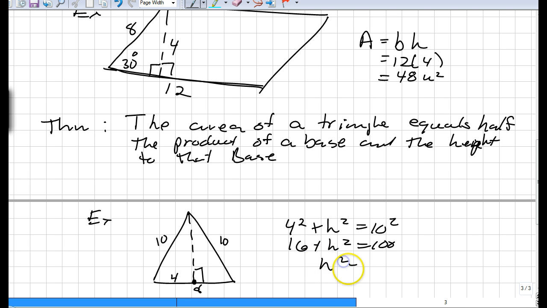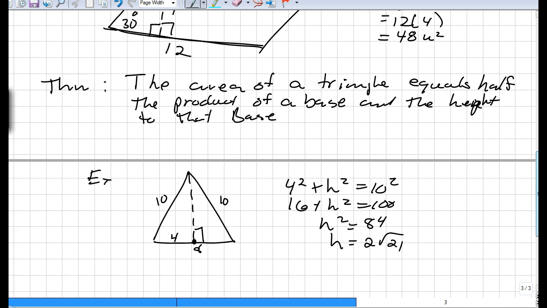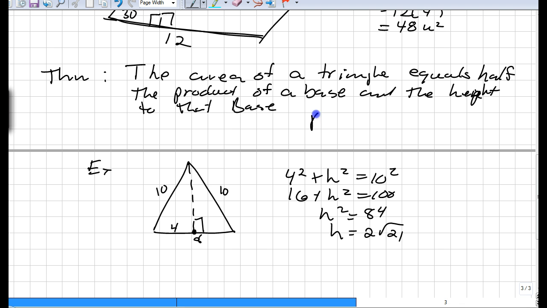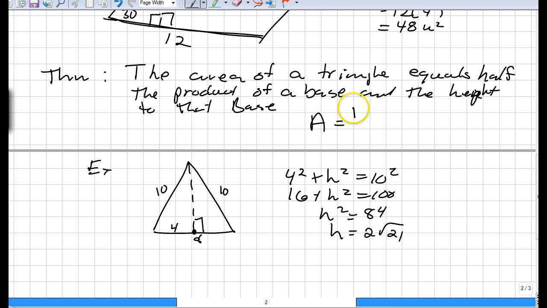So h squared equals 84. So h equals 2 square root 21. Okay, so then the formula for area is 1/2 base times height. And remember, that can be written different ways: base times height divided by 2.